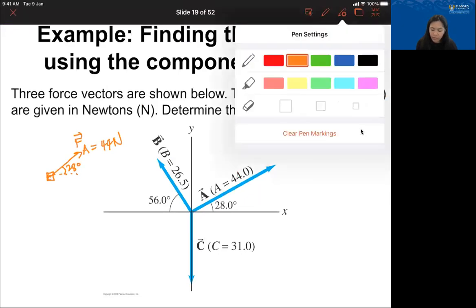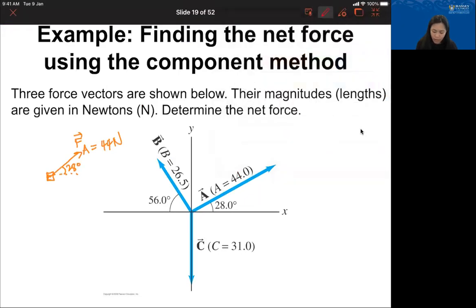And then let's say your friend is pulling in another direction, that's force B, with a magnitude of 26.5 newtons and an angle of 56 degrees relative to the horizontal. And then you have this object of mass M.